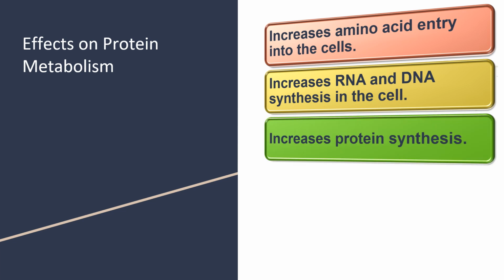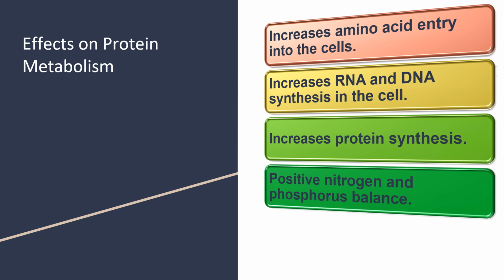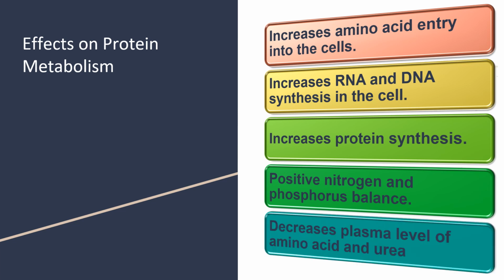There will be increased protein synthesis, and it also decreases the plasma level of amino acids and urea, which occurs secondary to the amino acid entry into the cell, and that increases the protein synthesis.